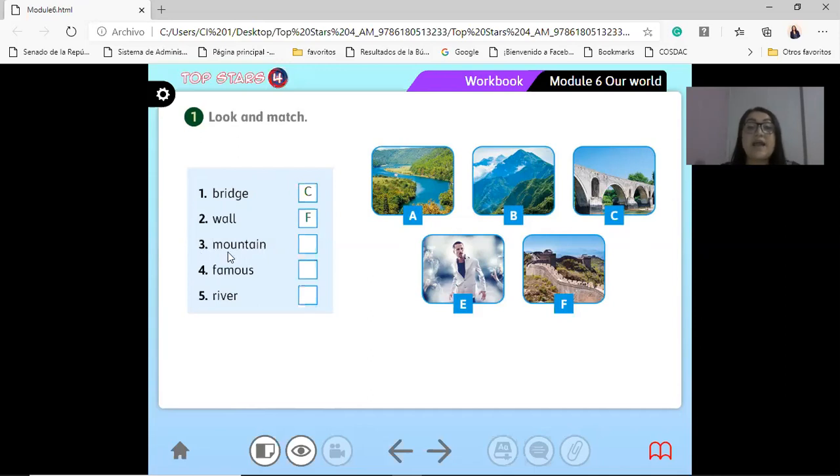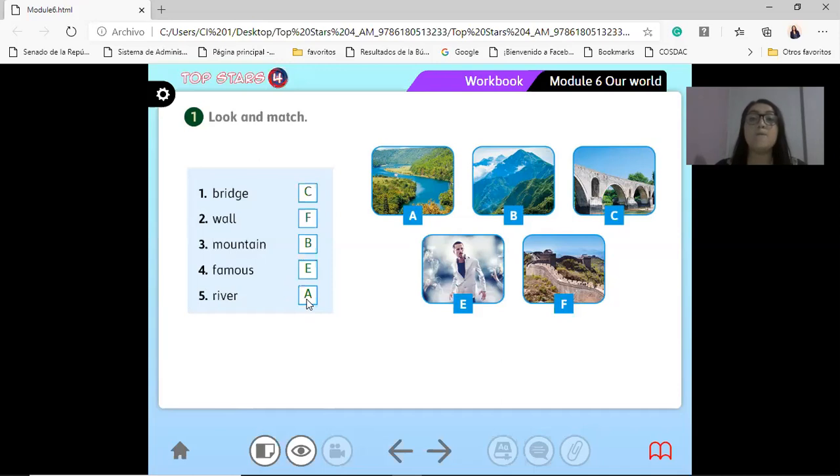Then we need to find a mountain. So the only mountain we have in here is the letter B, la montaña. We have in number 4 the word famous, famoso. The word famous is the letter E, okay? And then we have the river in letter A. Don't forget about the pronunciation, so let's check how this word sounds.